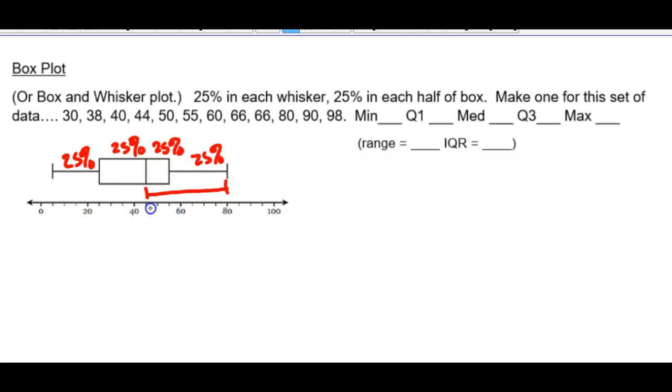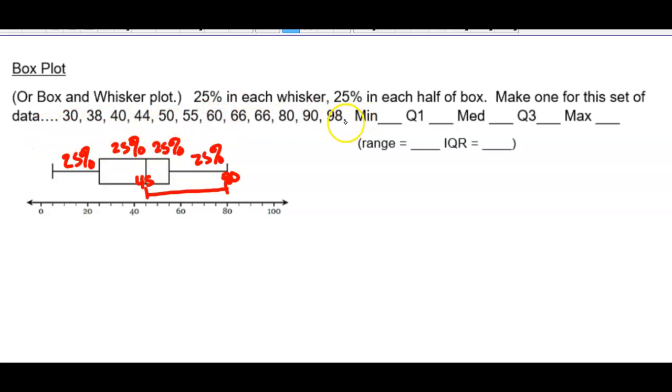Nope, that's 50. Oh, that's 45. Okay, they're counting by 5. Sorry. So it is between 45 and 80. That's how you would read that. And the lower 50% is between 5 and 45. And so these data points are more spread out, etc.